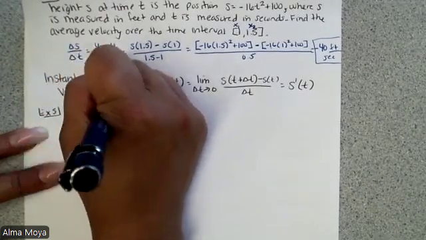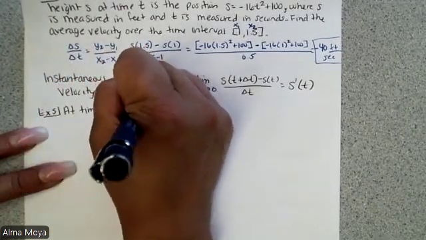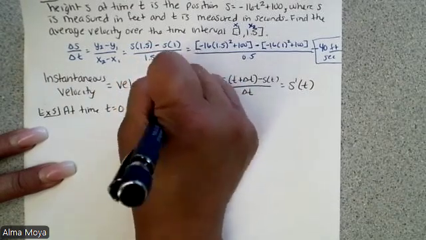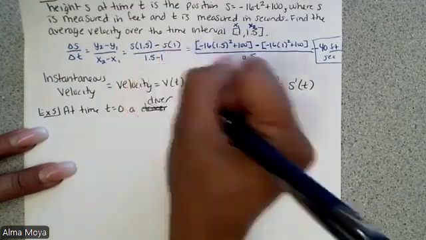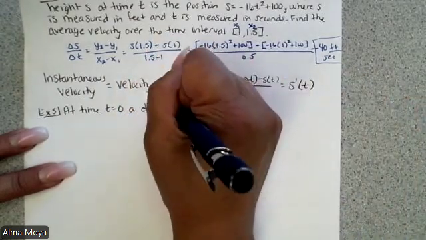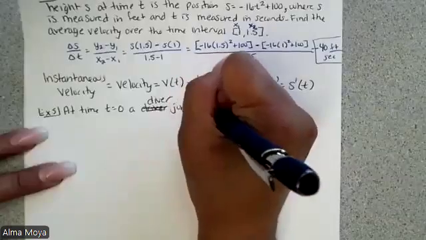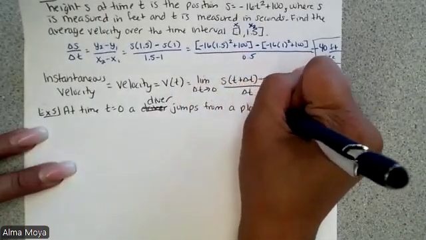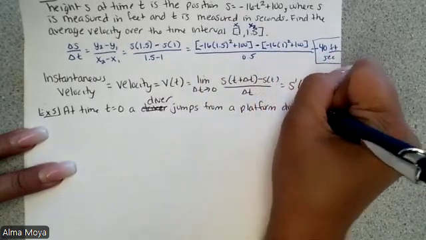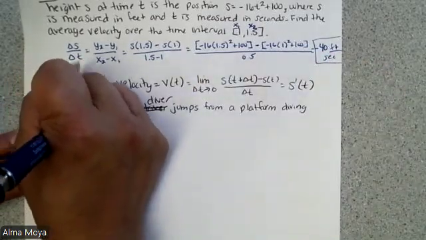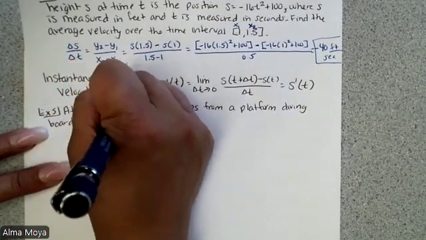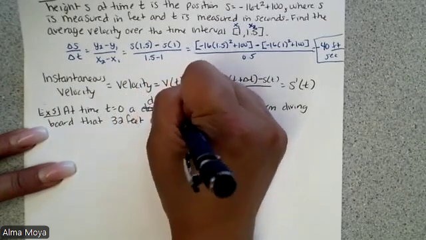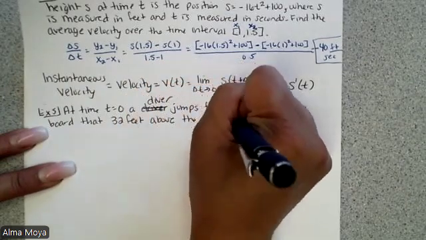At time t equals 0, a diver jumps from a platform, diving board, that is 32 feet above the water.